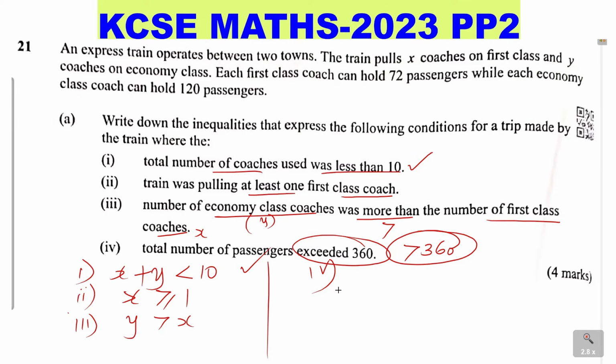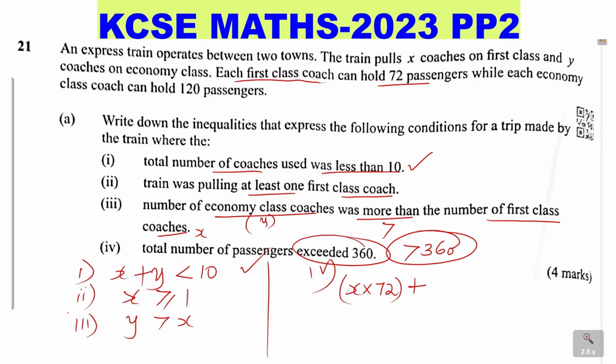So we have x coaches for the first class, and each first class coach can hold 72 passengers. So if there are x coaches and each coach can hold 72 passengers, total passengers will be x times 72. So that one represents the total number of passengers in the first class coach.